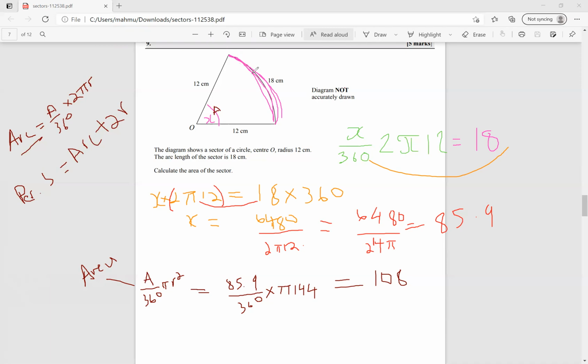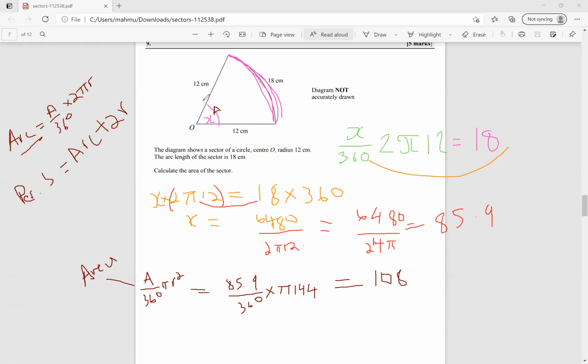To find the length of the arc, we do angle divided by 360 times 2 pi r. And to find the whole perimeter of a sector, we use the arc plus the two sides, so 2r. Is that okay?